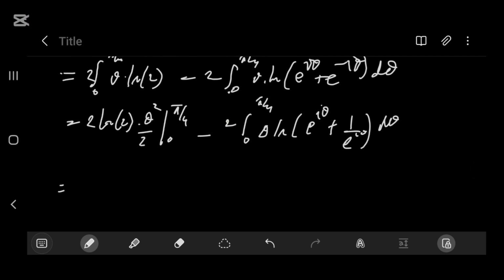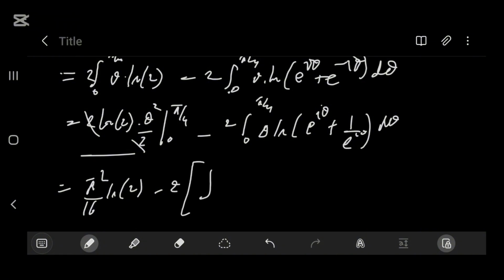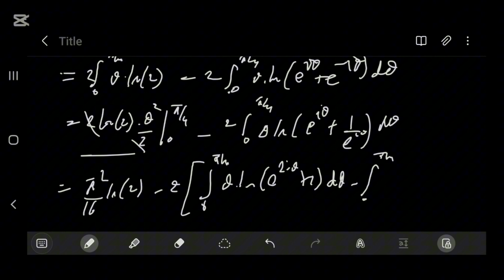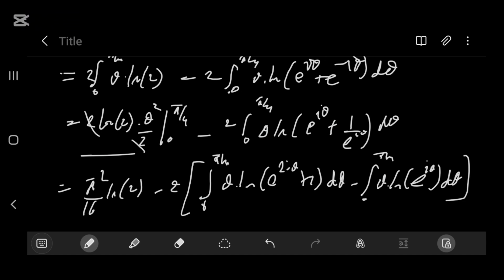So for this part actually, this 2 will cancel out, so we are finally left with pi squared over 16 ln 2 minus, and here we have 2 times parentheses, the integral from 0 to pi by 4 of theta ln(e to the 2i theta plus 1) d theta minus the integral from 0 to pi by 4 of theta times ln(e to the i theta) d theta.